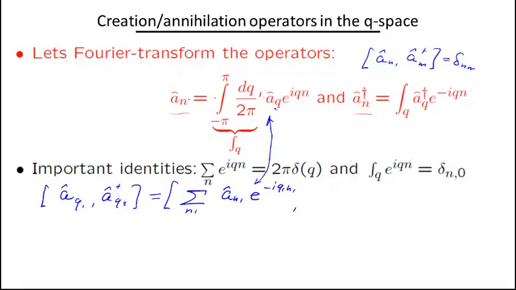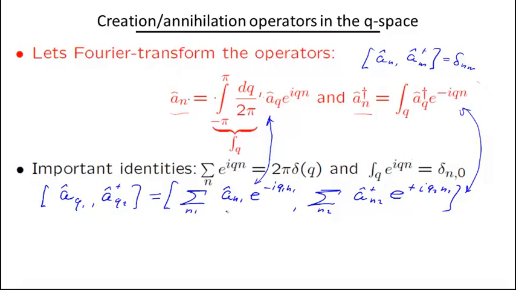And the second term here is going to involve a sum, let's say, over n2 of A dagger n2 e to the power plus i q2 n2. And this corresponds to the Fourier transform, sort of reversing this relation.